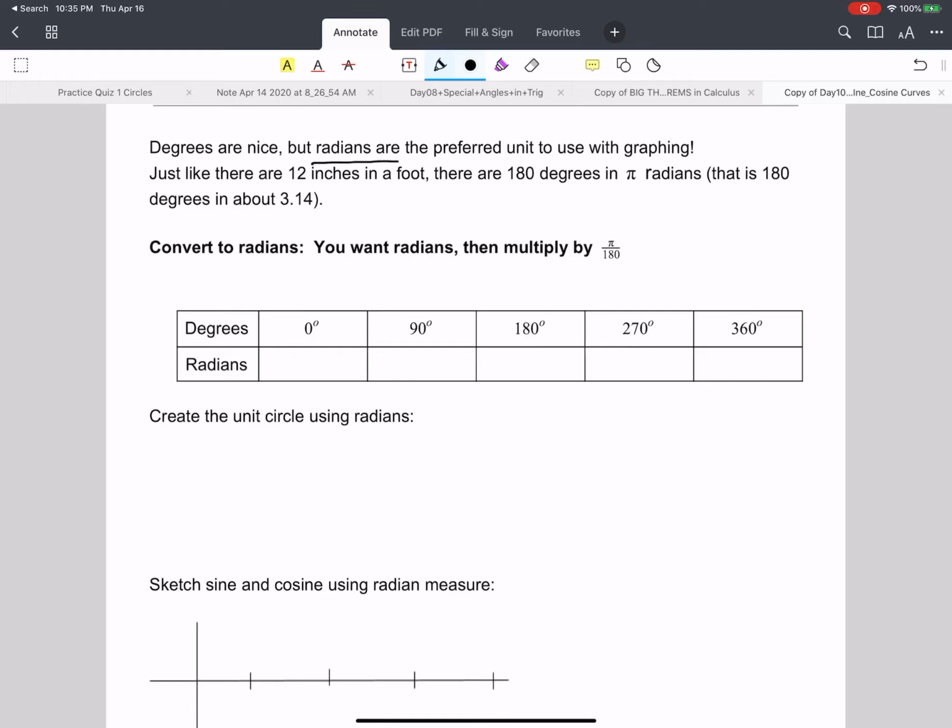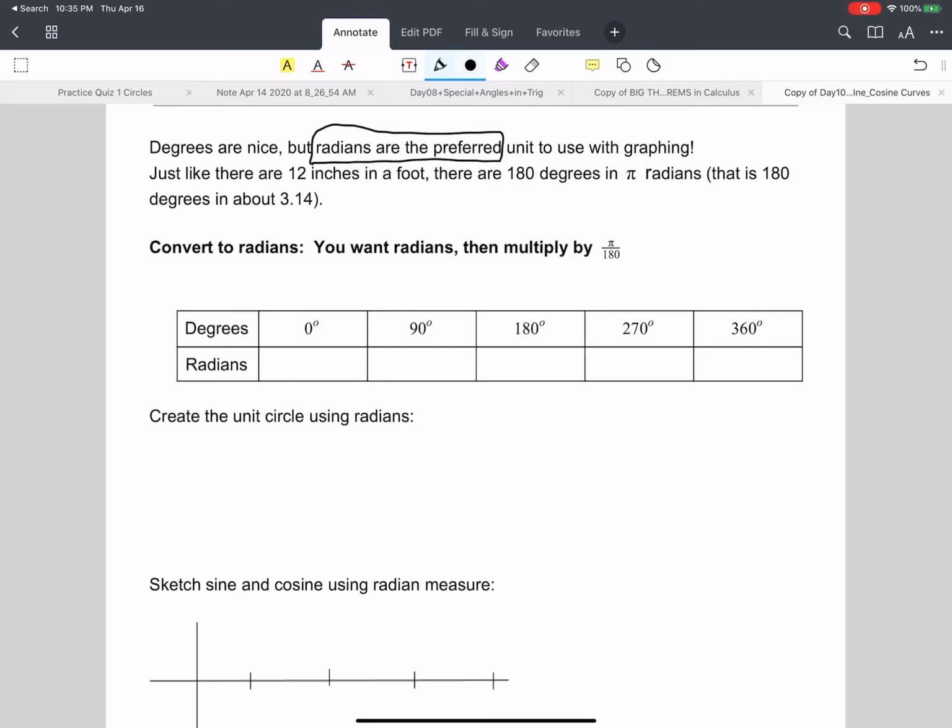Radians are preferred because of reasons of higher math. 360 degrees, I mean, listen, it kind of works, okay? There's a whole thing about it, but I'm just going to have to let you know that you need to know about radians. So here you go. In calculus, I teach calculus, there's never anything in degrees. Everything's in radians. So let's get started with that.